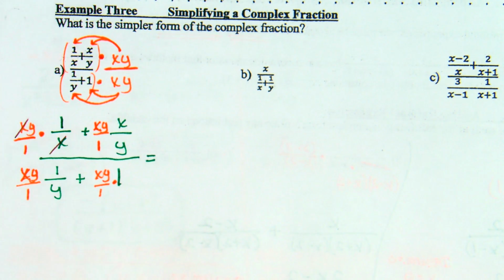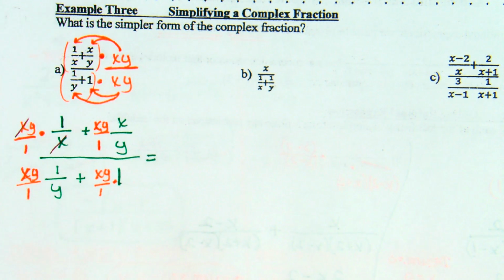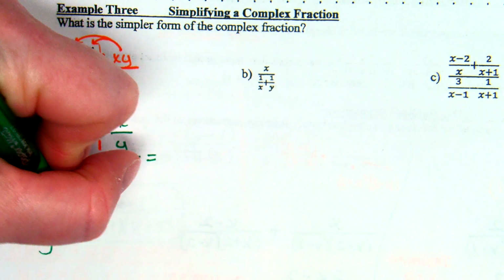Well, I don't even think about the ones, honestly, because if we're doing y times 1, that is y. What is y over 1? y. So I would just say on top that this is y. Plus.